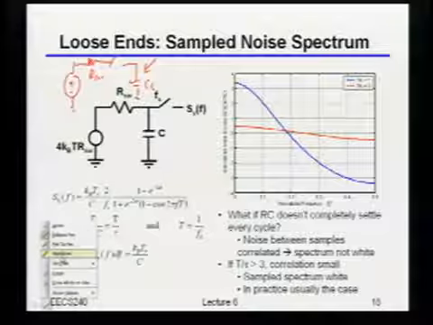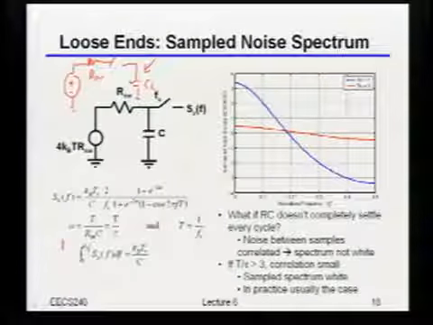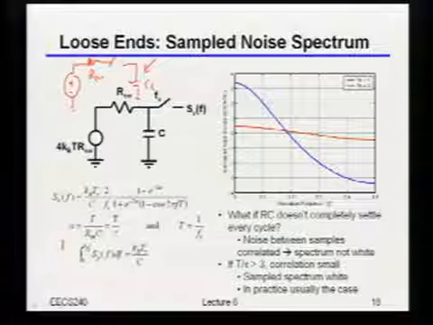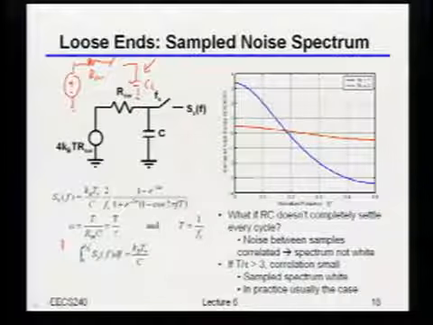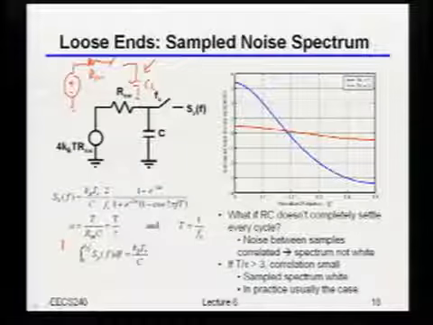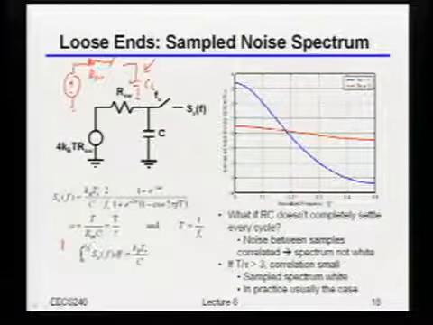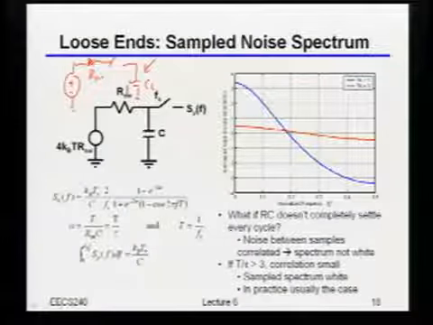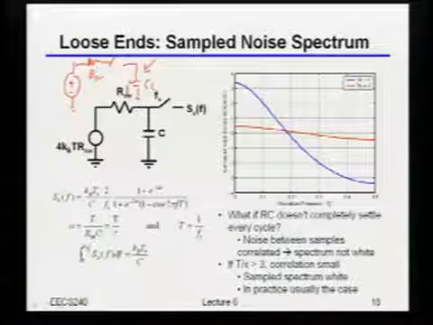So when we did that calculation, I made a little bit of an assumption there. And the assumption was that I was going to close the switch forever before I actually open it to take that sample, meaning that I've let whatever is happening here settle as much as I can, okay?